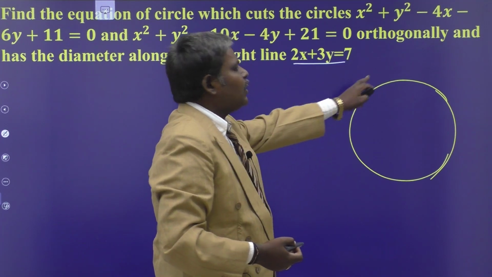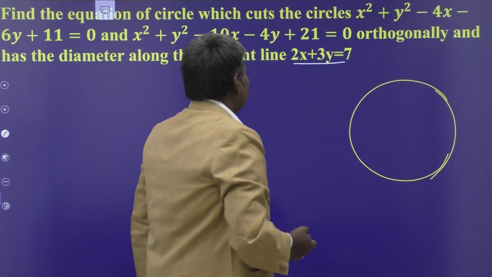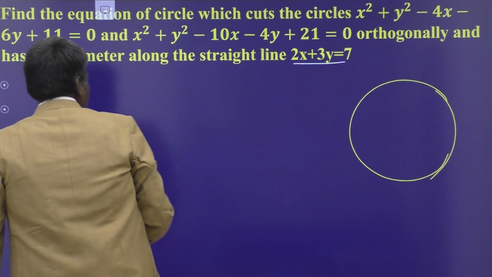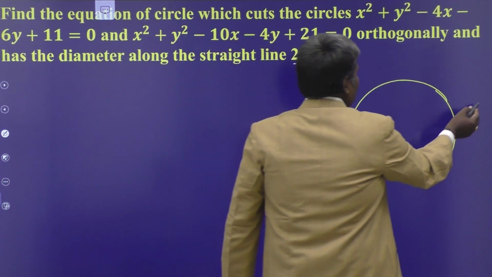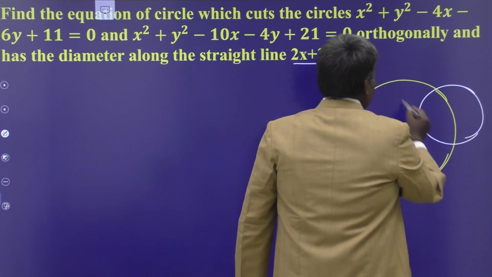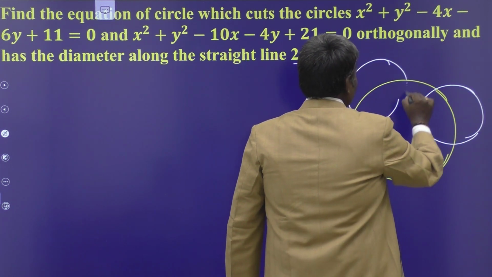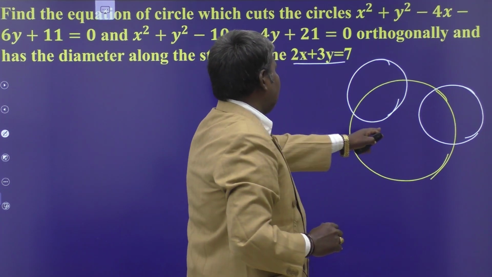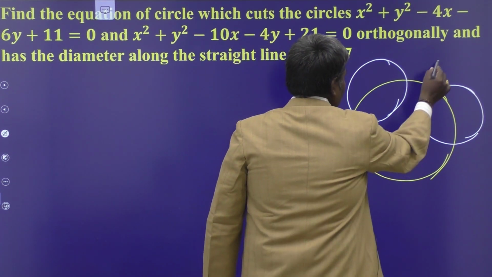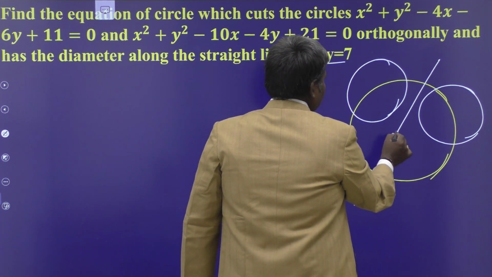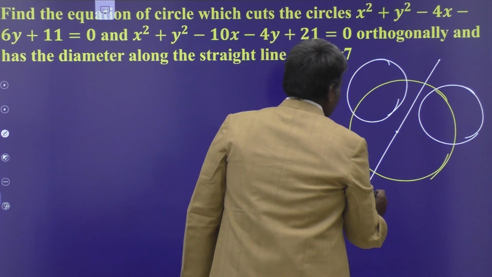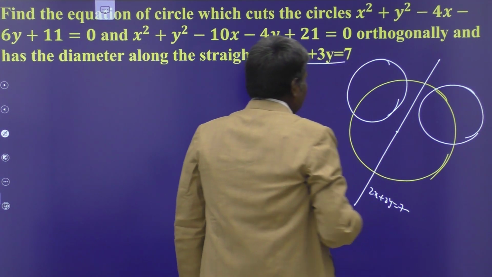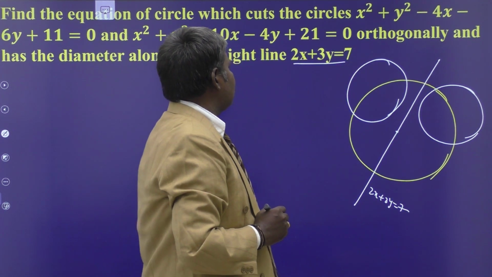We are going to find out its equation that cuts orthogonally the two circles. Its equations are given to you. These are the two circles cutting orthogonally, and the center of required circle lies on this line, 2x plus 3y equal to 7.